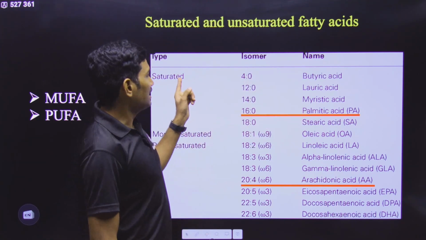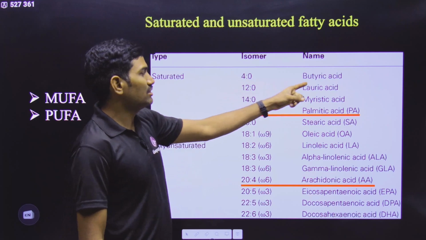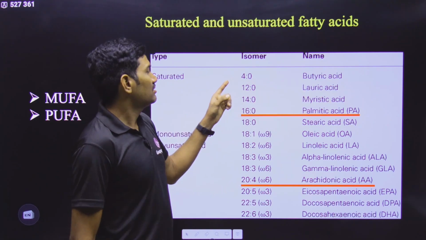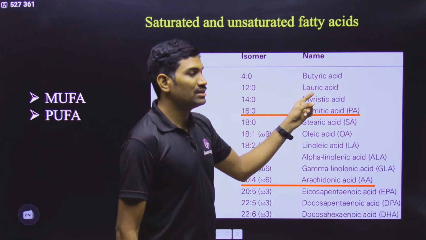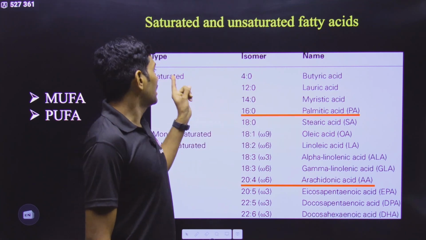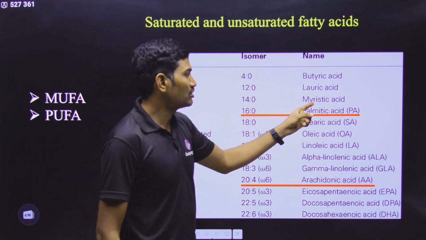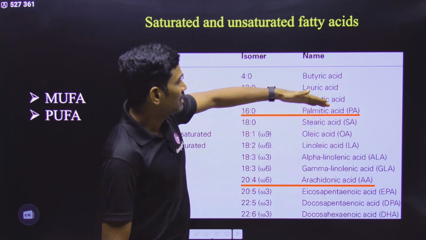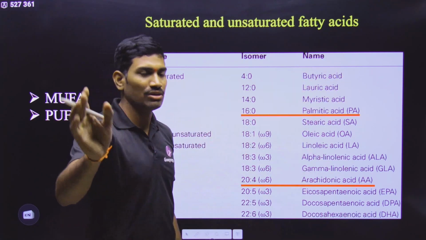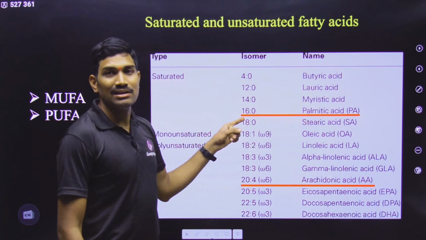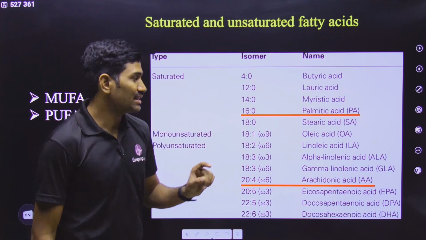Now, a saturated fatty acid with 4 carbons is called butyric acid. Saturated fatty acid with 12 carbons is called lauric acid, and with 14 carbons is called myristic acid. But these names were not given in NCERT, so ignore this. I have underlined this one, palmitic acid. This was mentioned in NCERT.